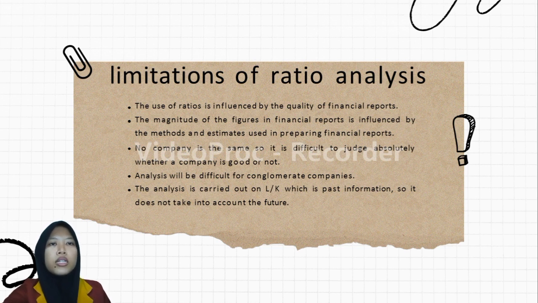No company is the same, so it is difficult to judge absolutely whether a company is good or not. 4. Analysis will be difficult for conglomerate companies. 5. The analysis is carried out on historical information, so it does not take into account the future.